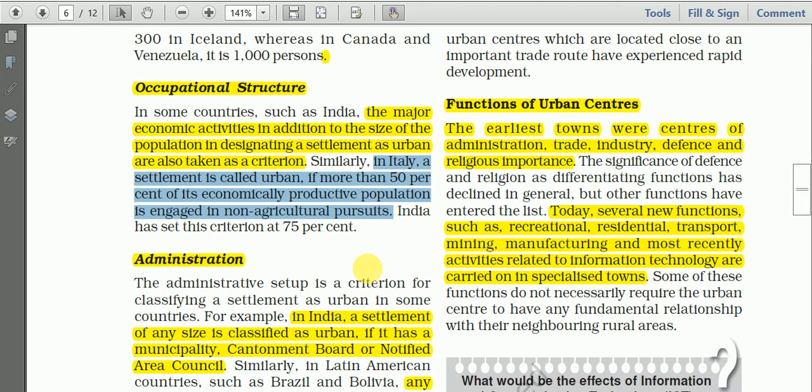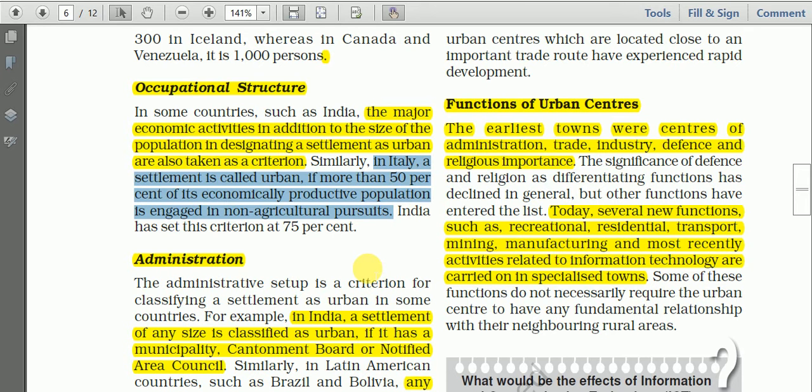As I have already told you, in addition to the size of the population as a criterion for classifying a settlement as urban, occupational structure is also taken into account in some countries like Italy. So in Italy, a settlement is called urban if more than 50% of its economically productive population is engaged in non-agricultural pursuits.